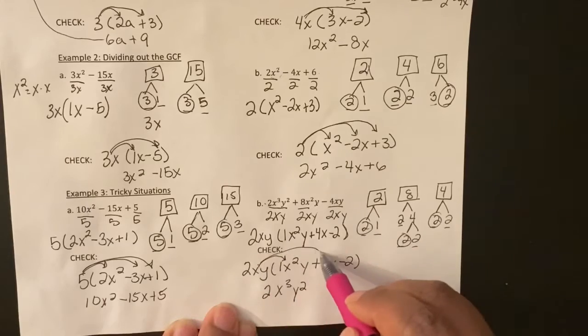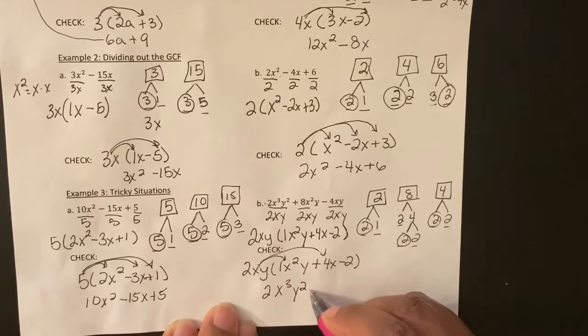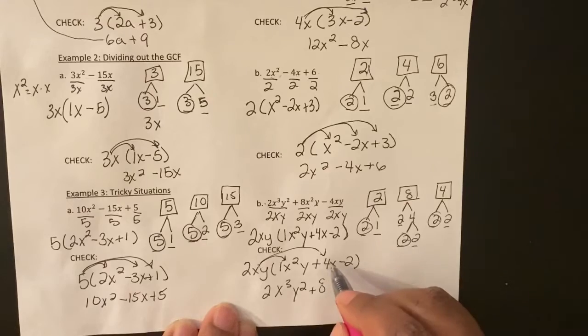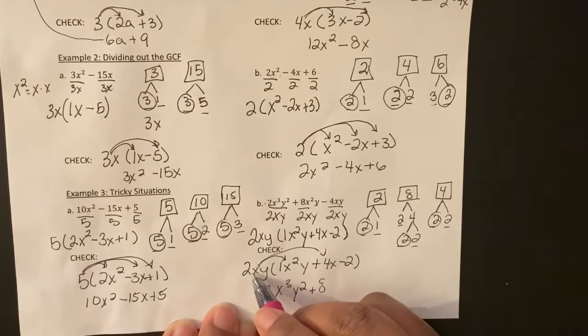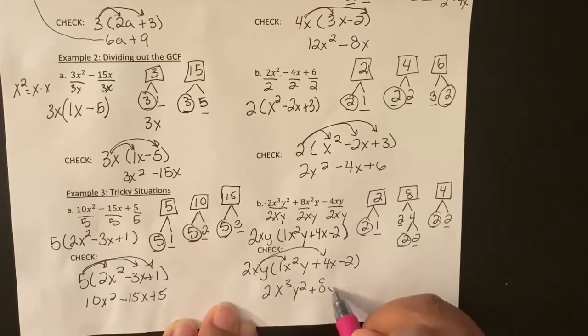Okay. 2xy times 4x. Well, 4 times 2 is 8. Okay. And then the only thing I can multiply here is the x times the x, which is like 1 plus 1, which is x squared.